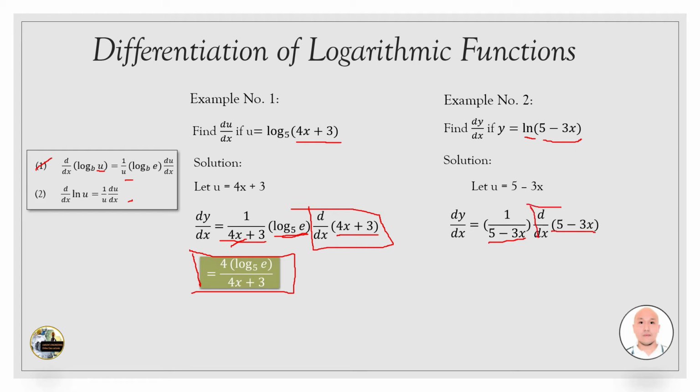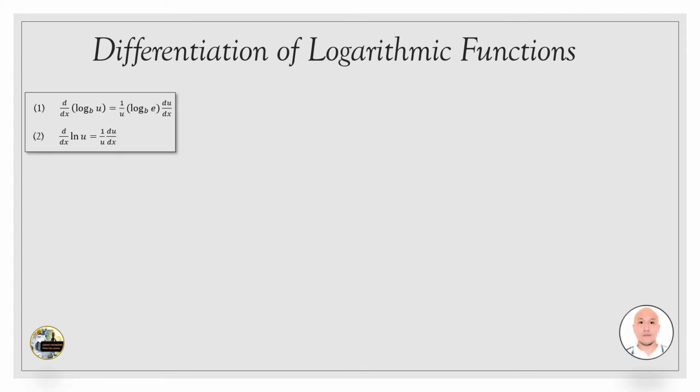Then we need to differentiate this part: d over dx of 5 minus 3x. So this will be negative 3 over 5 minus 3x. Our final solution is negative 3 over 5 minus 3x.